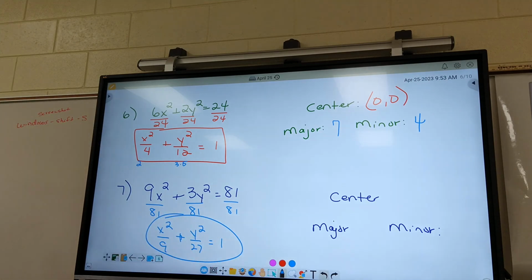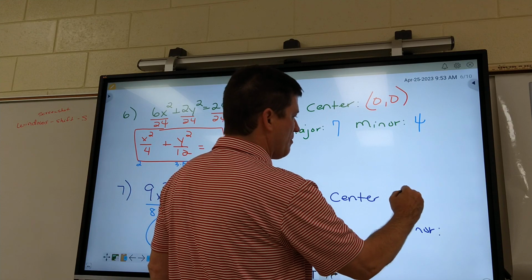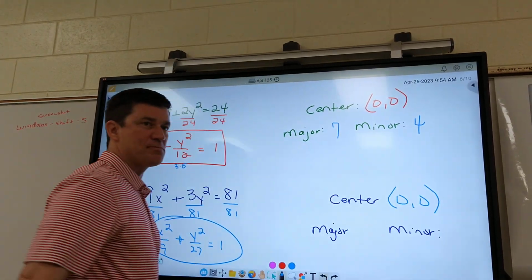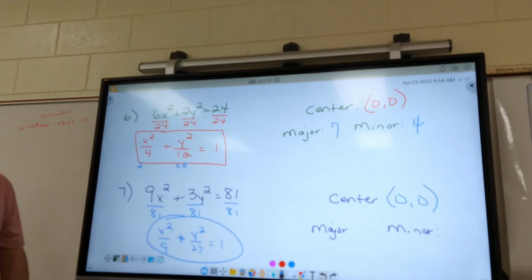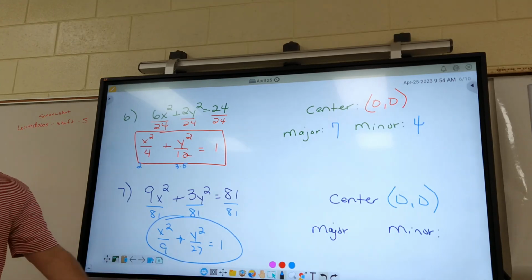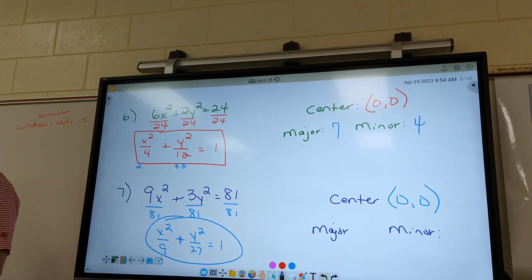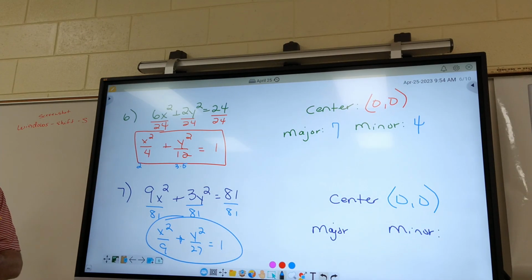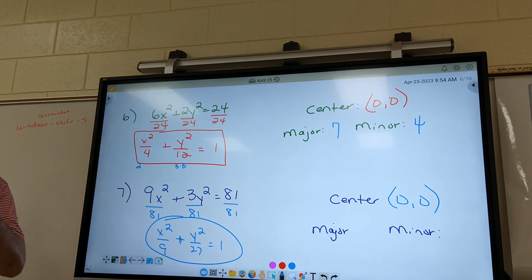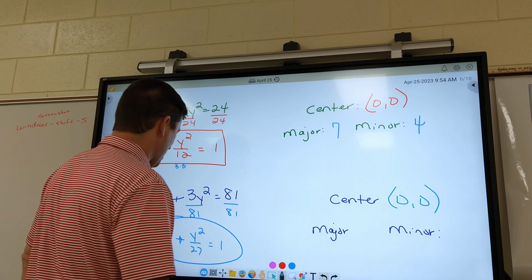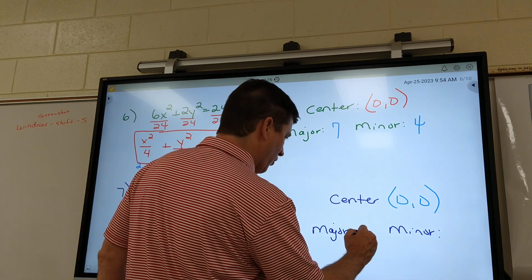All right, so our center once again is 0, 0. All right, our major axis. You take the bigger number, which is 27, you find the square root of 27. Let's do that. Square root of 27 is 5.2. Double that, and your major axis is 10.4, correct?